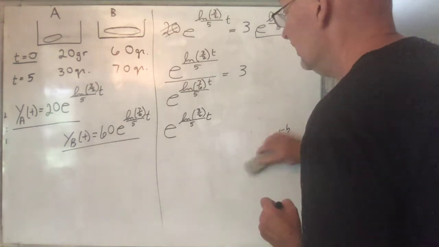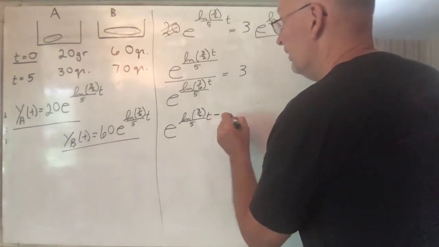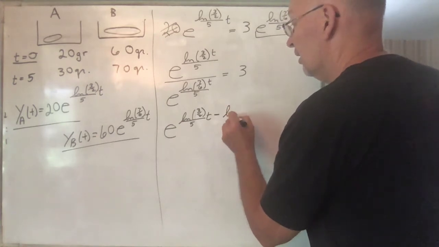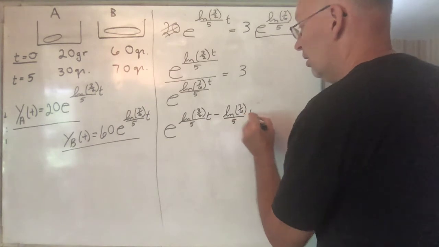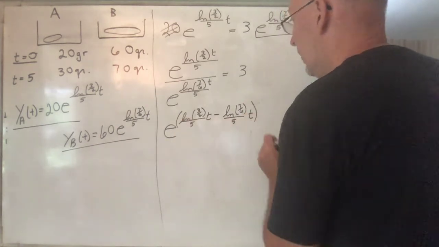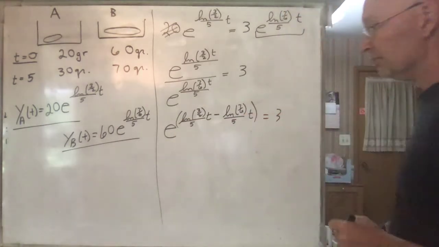So this is going to be e to this thing minus this thing. e to that whole thing is equal to 3.